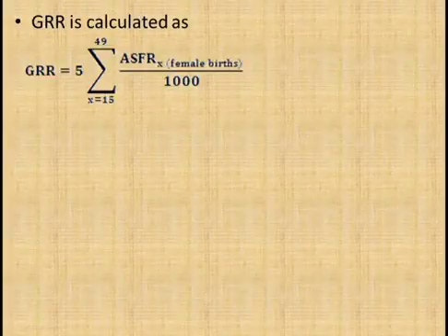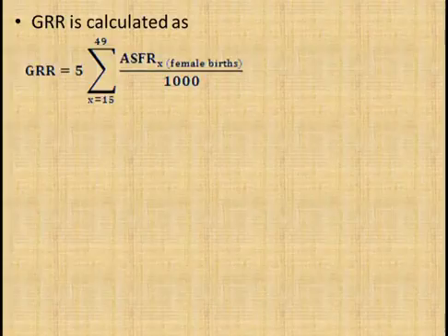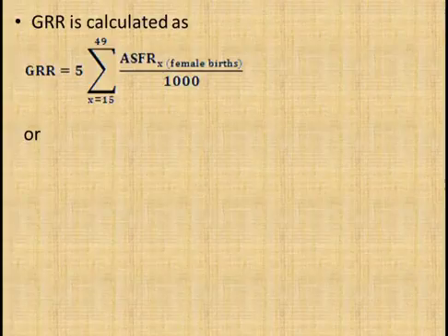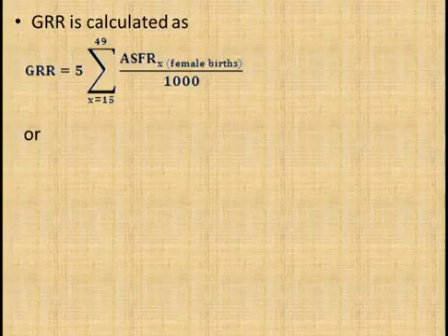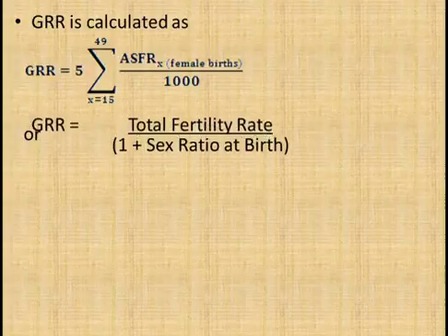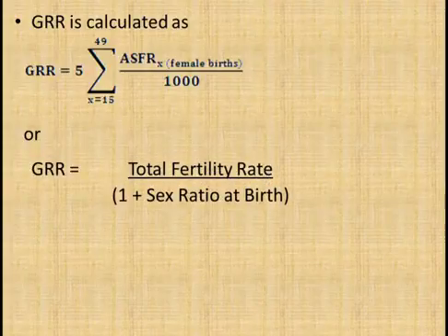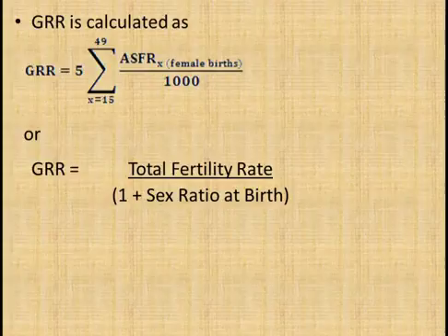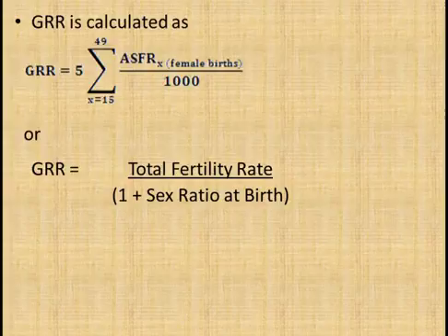There is another formula which we use to calculate the gross reproductive rate. This formula is total fertility rate over 1 plus sex ratio at birth.